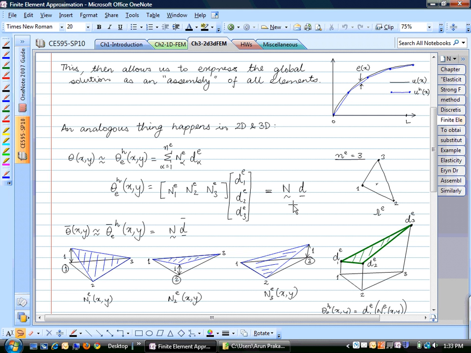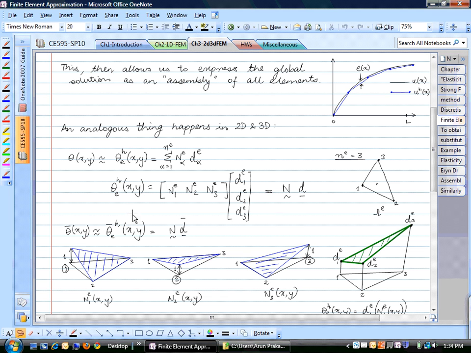So if this is a 1-dimensional element, it has only 1 degree of freedom per node. In that case, this d vector would be 2 cross 1, and this N vector would be 1 cross 2. But in this case, since this is a 2-dimensional problem, and for now we are considering a triangular element which has 3 nodes per element, therefore we will have 1 shape function for each node.